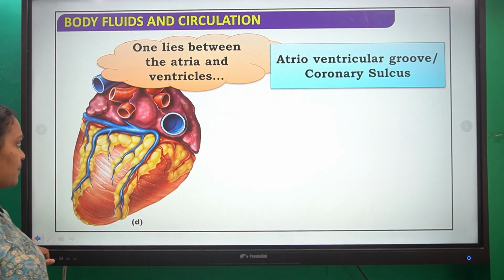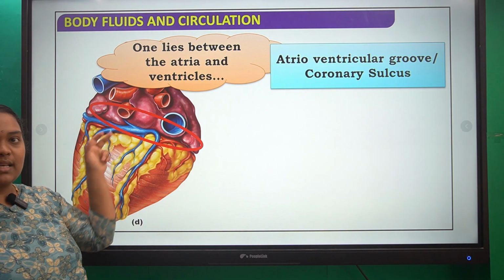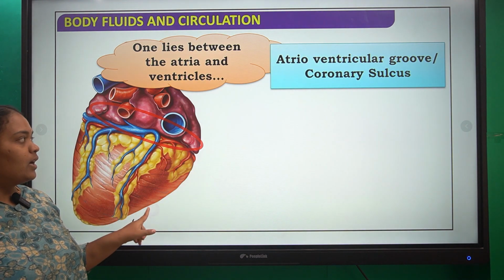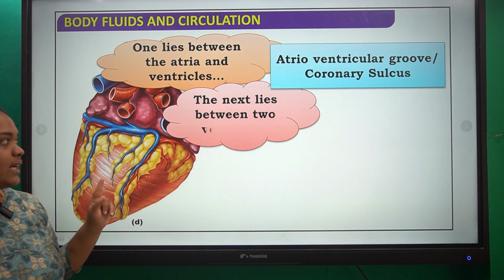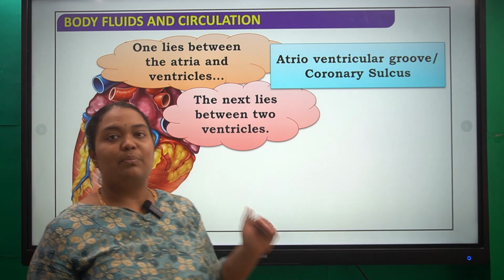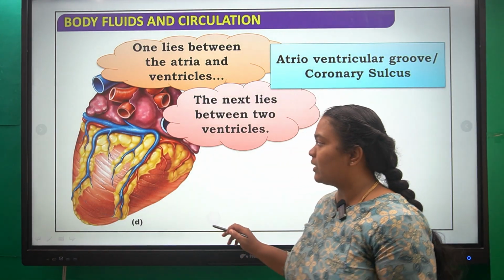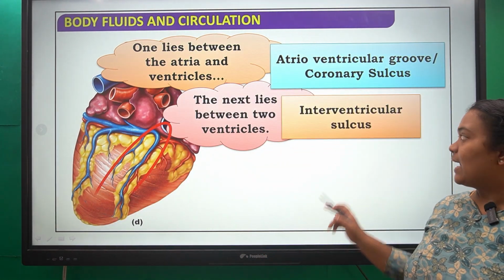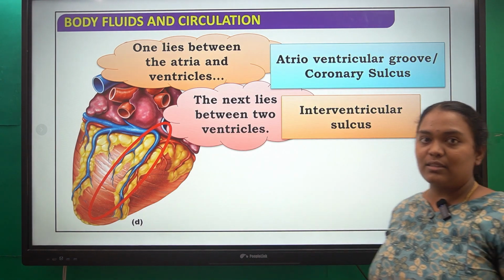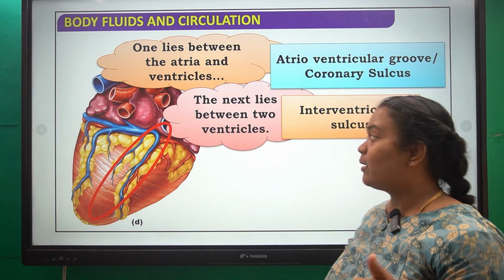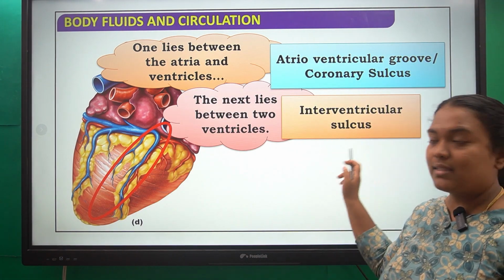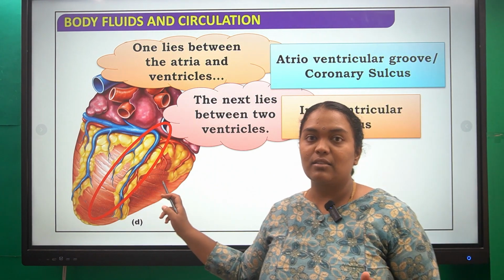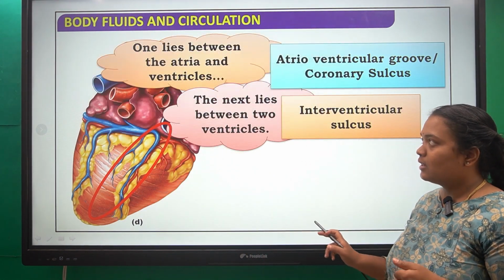You can see here how the coronary sulcus is displayed. The next groove lies between the ventricles, and is called the interventricular sulcus. Inter means in between, so it is present between the two ventricles.